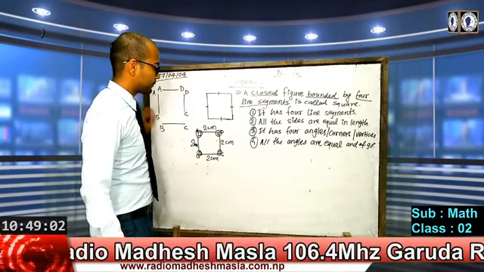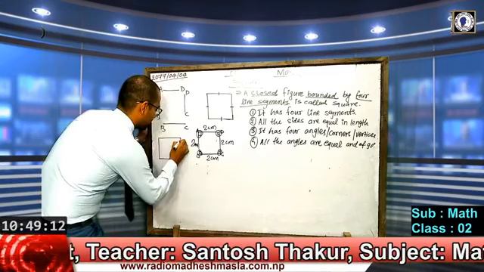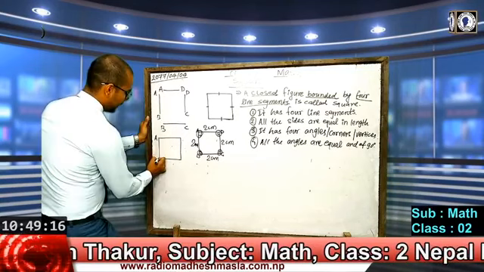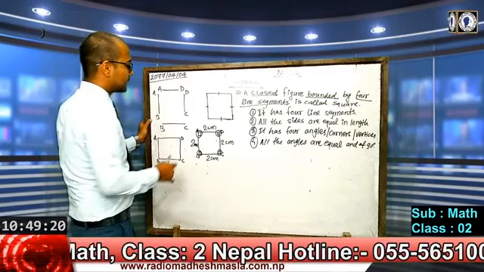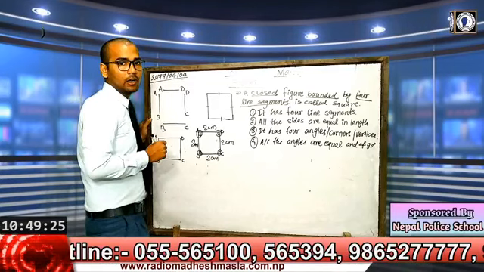Let's draw it clearly. So here I have a figure naming A, B, C, D, and each side is 2 centimeter, and we have the questions. We may have questions like this.